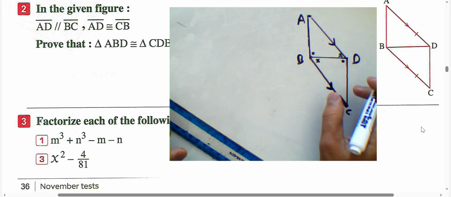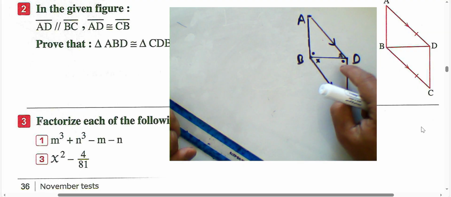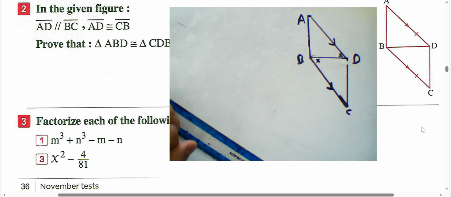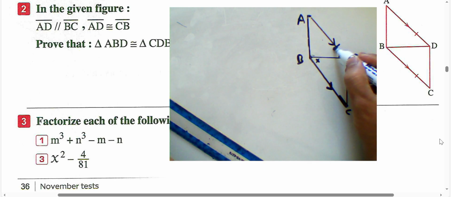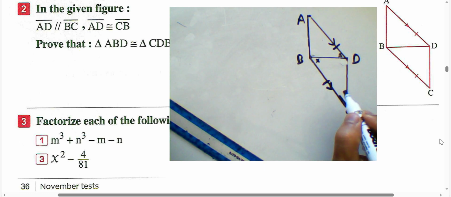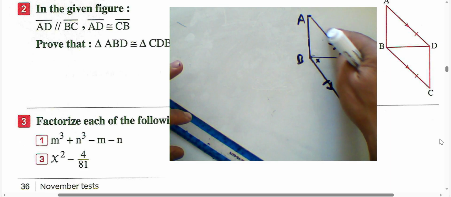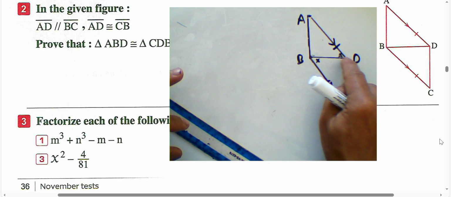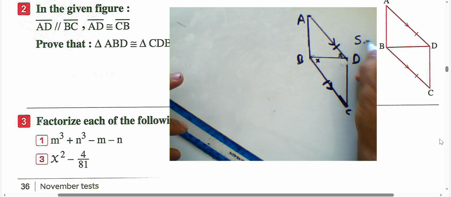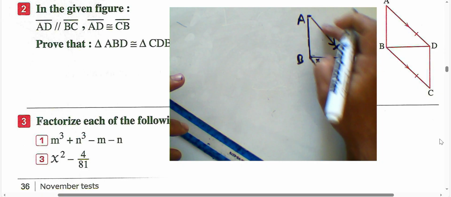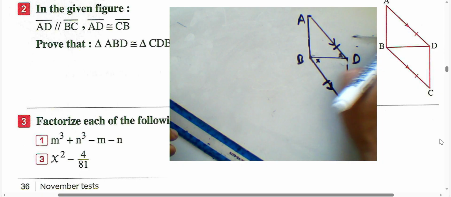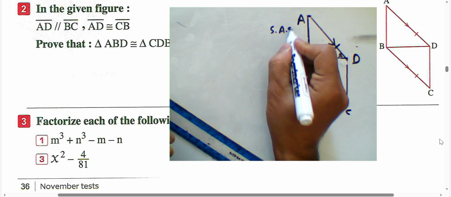He gives me line segments. Okay, he gives me two side lengths that are equal like this. He gives me this side length equal to this side. Okay, finished. We have side, angle, and side.